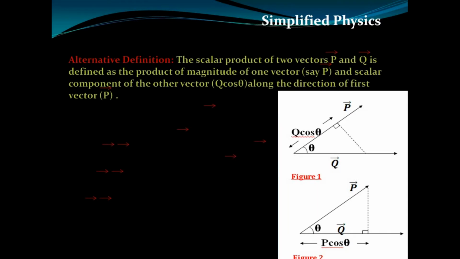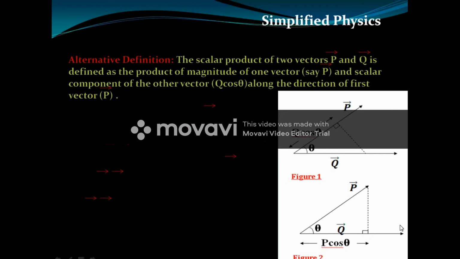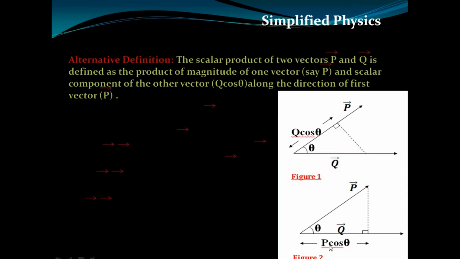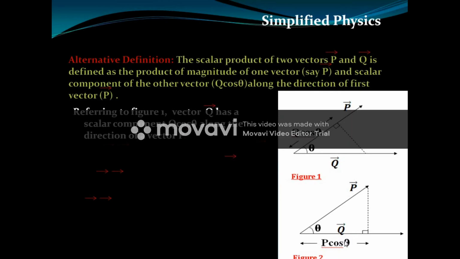Similarly, we can define it in the direction of q: the magnitude of q vector and the scalar component along the direction of the first vector, that is q times p cos theta, also gives the scalar product of two vectors. Whichever is used, these two quantities will be the same.